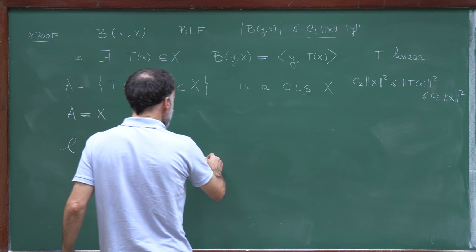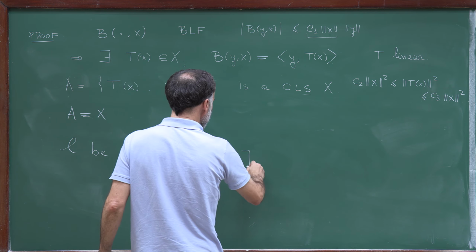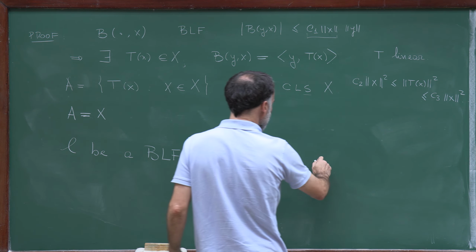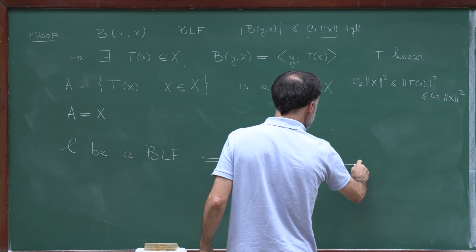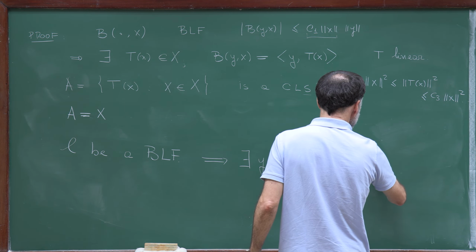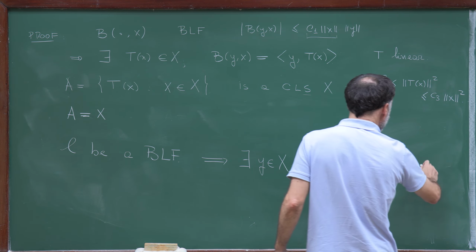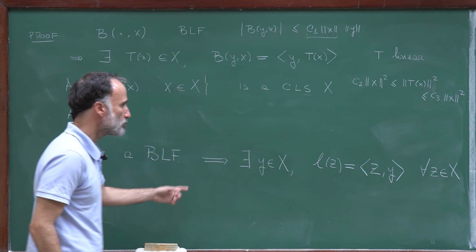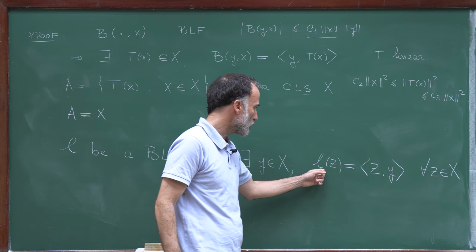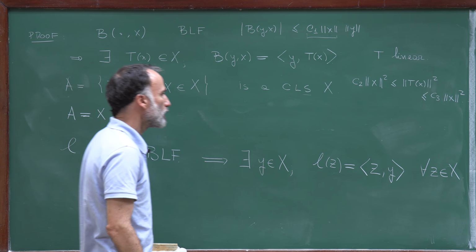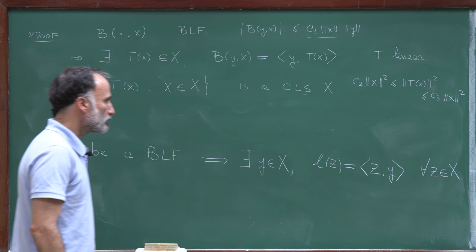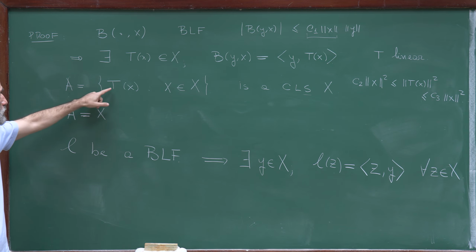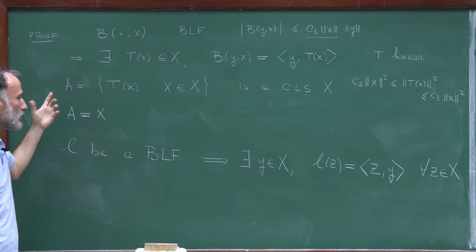By the Riesz Representation Theorem, there exists some y in X such that L of Z is equal to Zy for all Z in X. This is the Riesz Representation Theorem, which tells us that all bounded linear functionals can be expressed in terms of the scalar product. But now we know that the image of X by T is the whole set.